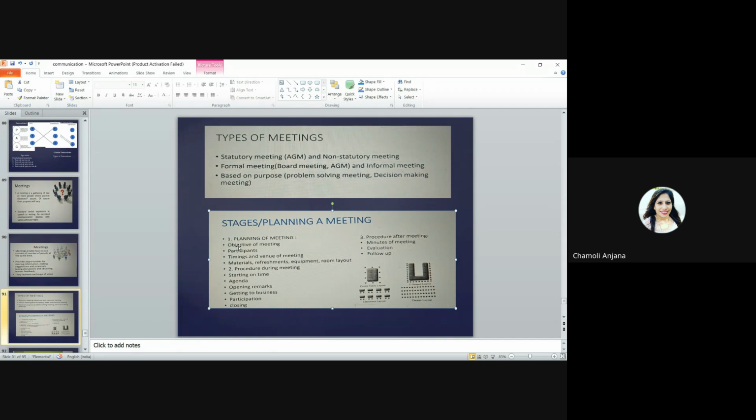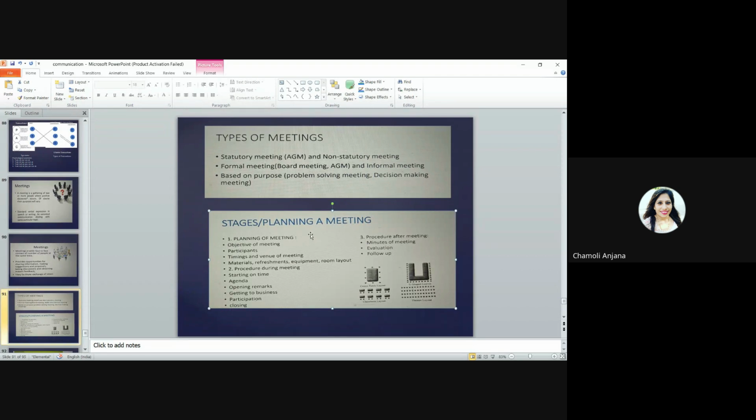Is there anything wrong with the organization culture? Is there anything wrong with the job profile? What is the problem? So what is the objective of the meeting? One has to decide first, because based upon that only you will invite the people who are part of the meeting, and based upon that only the discussions also will take place.